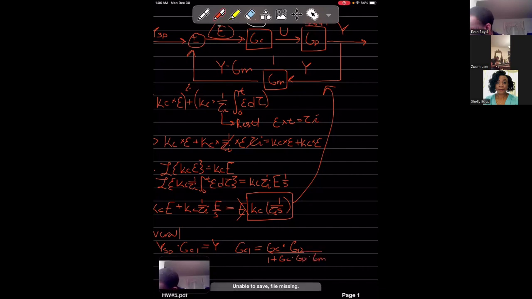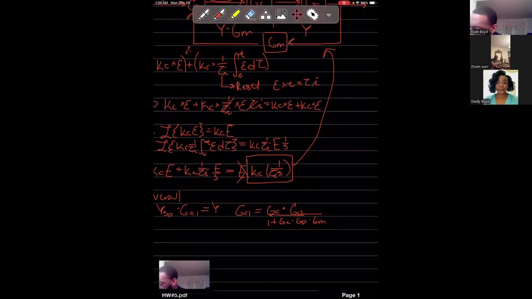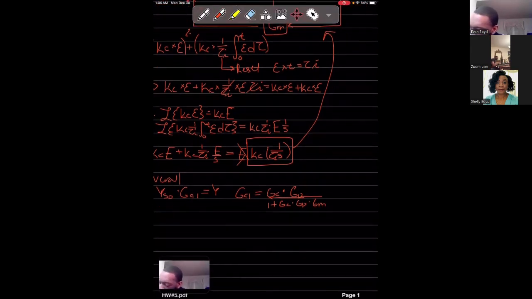Okay. All right. And then if we use all the terms for the respective transfer functions, we know that for GC we can plug in the new Kc that we have. So we have Kc of 1 over tau I S times GP, which we know GP is just 1 over tau S plus 1.